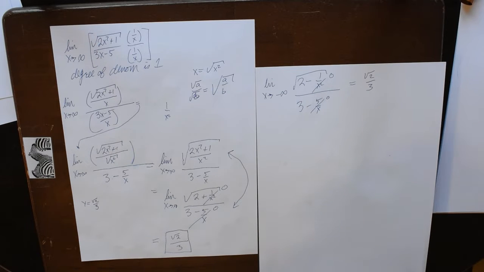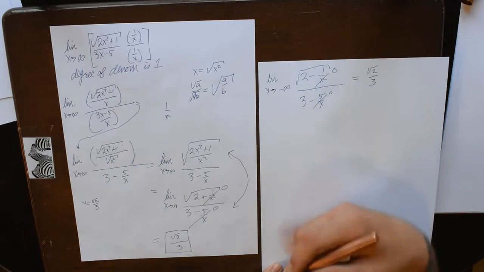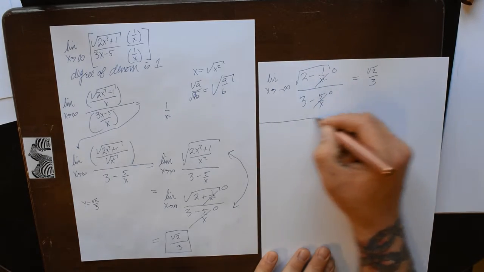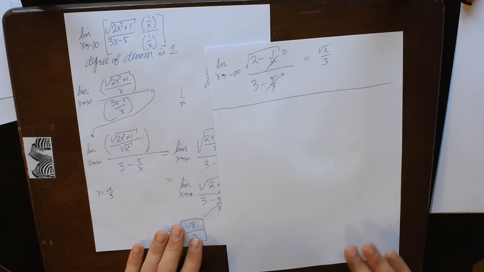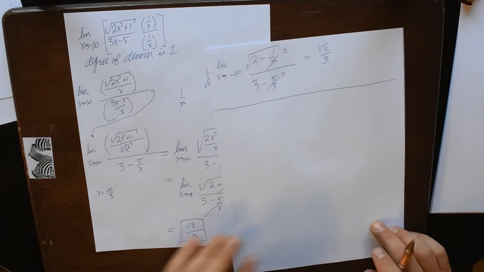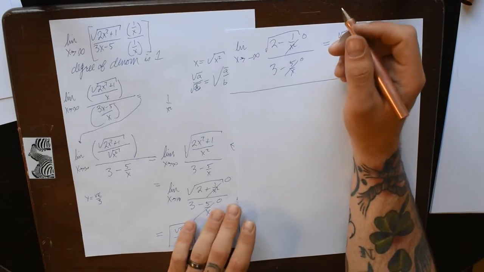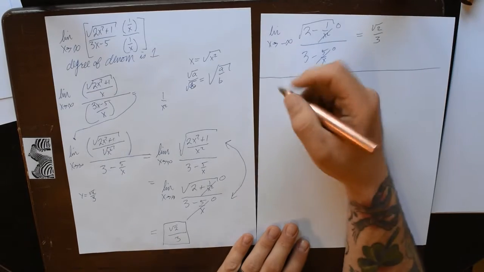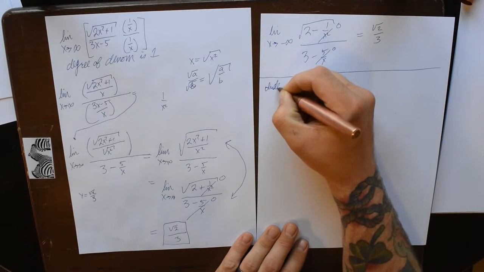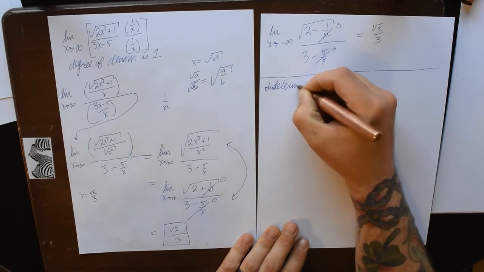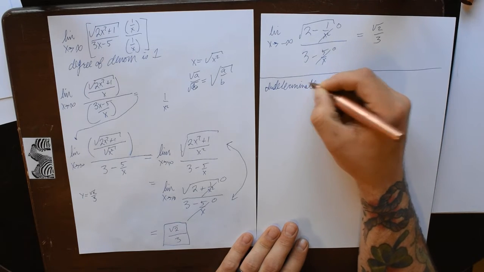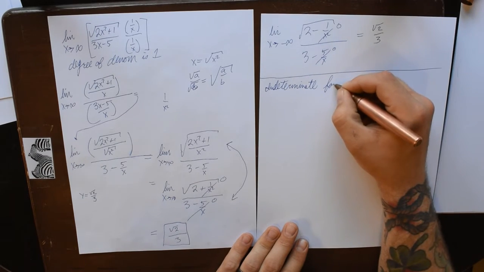So I want to jump ahead to something that the book doesn't present until later in this chapter, in all honesty, but we have experienced it once before and we're about to experience it again. We will call these things indeterminate forms.